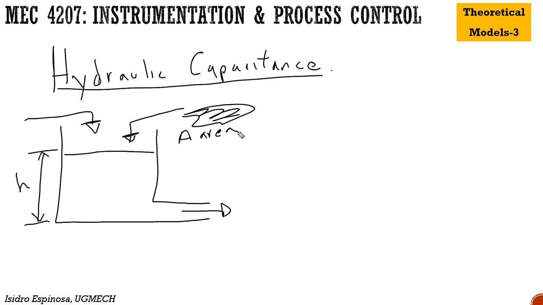And we have the flow rate coming in, in this case we can call it Q1, and the flow rate coming out, in this case Q2. We can also add variables, for example pressure 1 and pressure 2, which can be the top and the bottom of the tank.